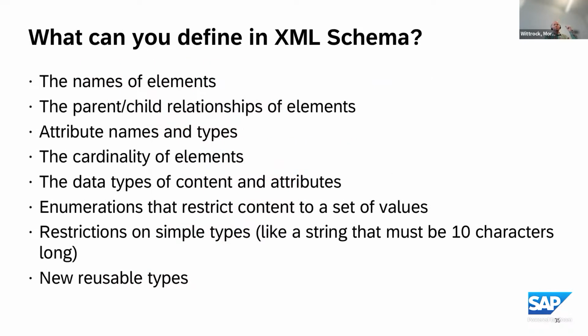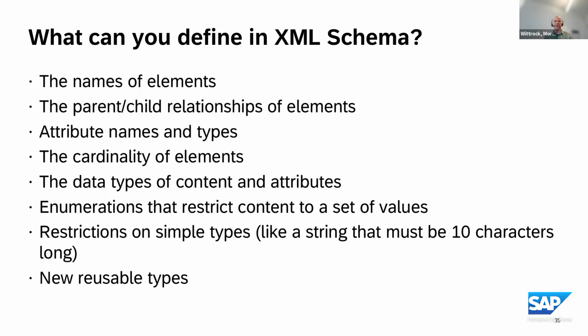What else can you do in schema? You can define names of elements, of course, parent-child relationships of those elements. When you do that, you build up the structure of the document, the hierarchy of the document. Attribute names and types, cardinality of elements, so how many times they can occur and how many times they must occur, and so on.